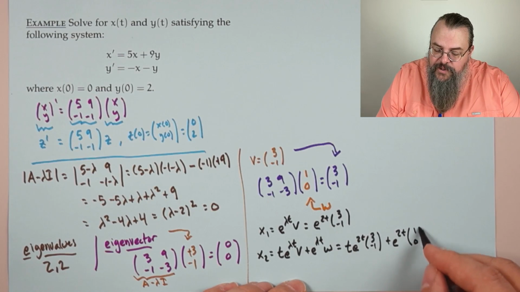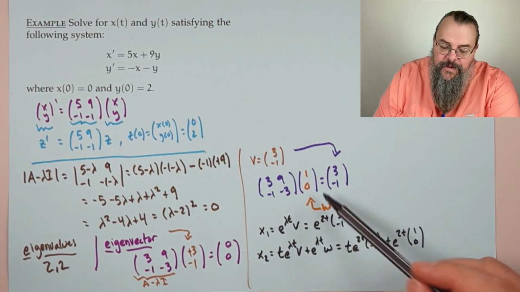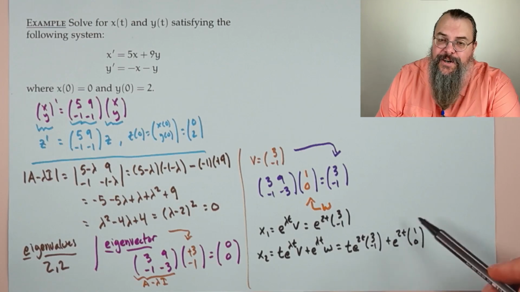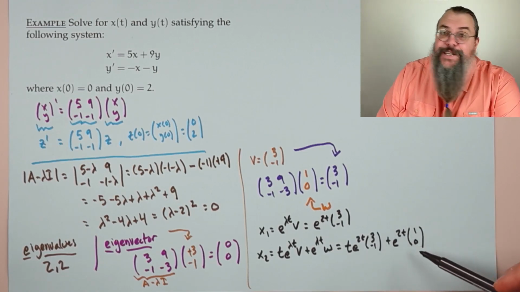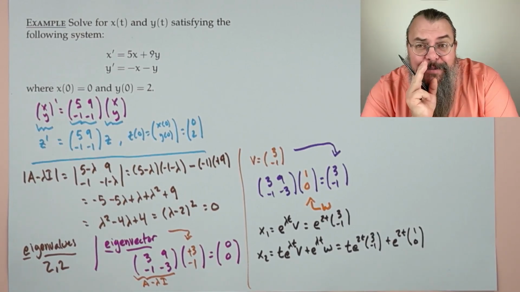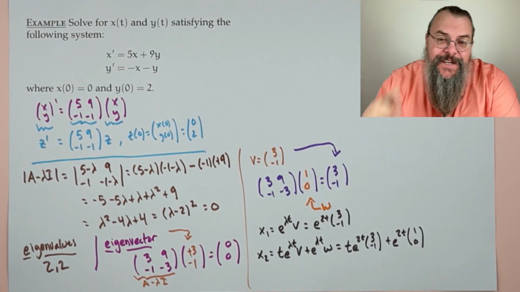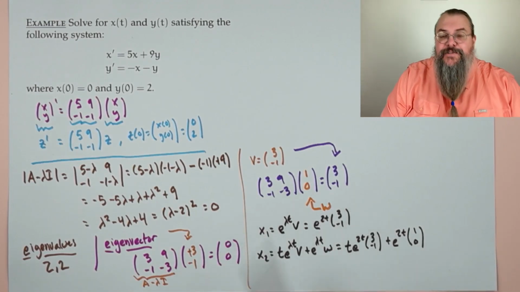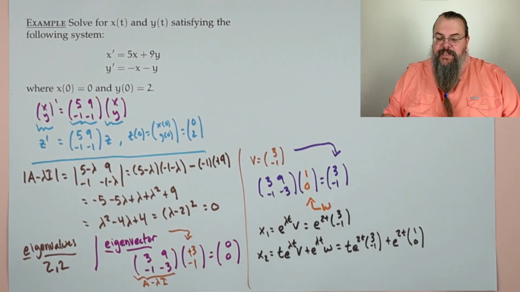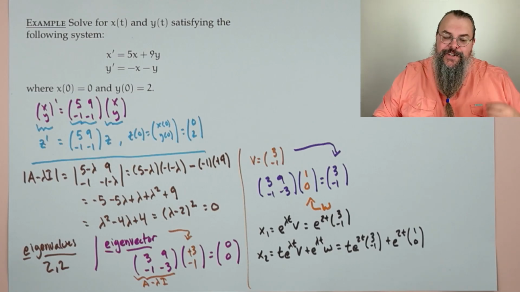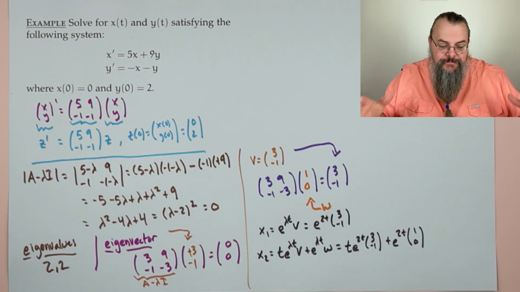Now, in both our examples so far, we've been able to use 1, 0. You may not. I don't want you to say, I've cracked the code. This will always be 1, 0. There's actually a way to always make it 1, 0, but that's a different story. Just be careful. Make sure it satisfies the relationship that you need it to. All right, so we're ready to write down the solution in general.